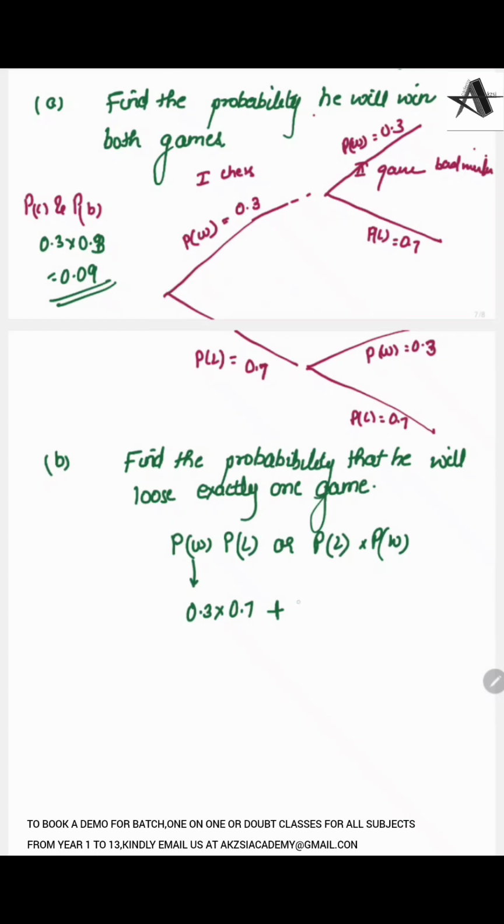So losing chess is 0.7 into winning badminton, which is 0.3. So that will be 0.21 plus 0.21, which will give you 0.42. This is the probability of losing exactly one game.